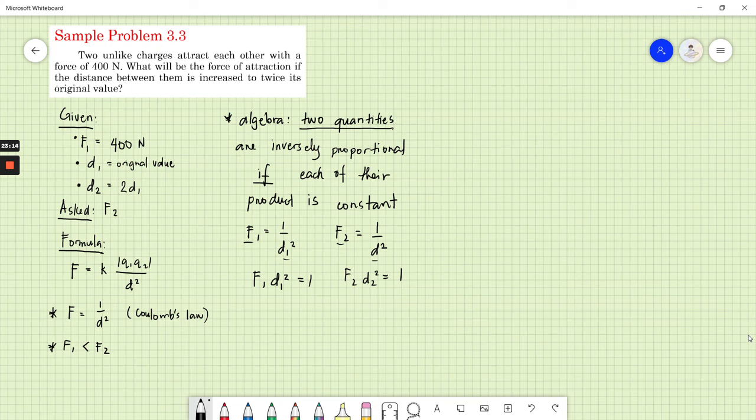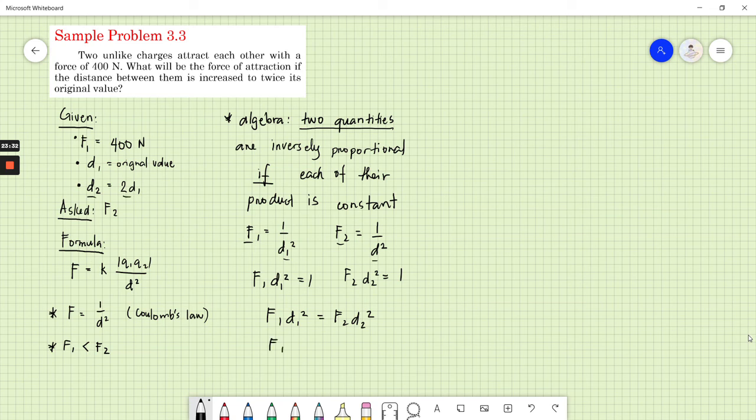So in order for us to find F2, we basically equate these two: F1 d1 squared is equal to F2 d2 squared. And we know that the value of d2 is 2 d1.